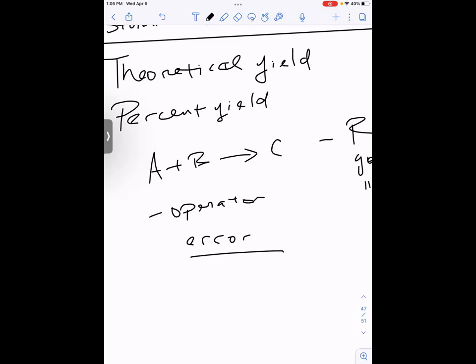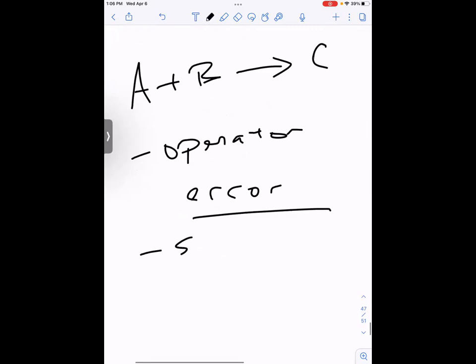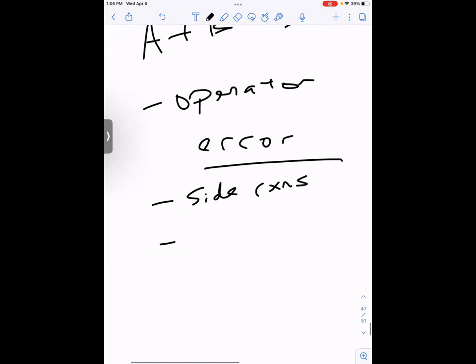Maybe there are some side reactions that happen. That'll take away from the yield of the product that you're trying to get to, if you have some side reactions going on that take away from the main product that's being formed. Maybe there's incomplete reactivity.